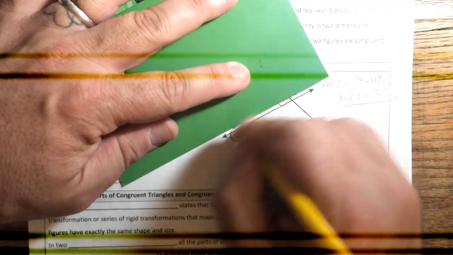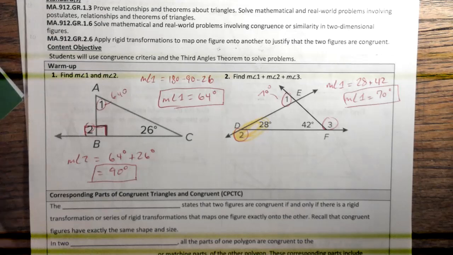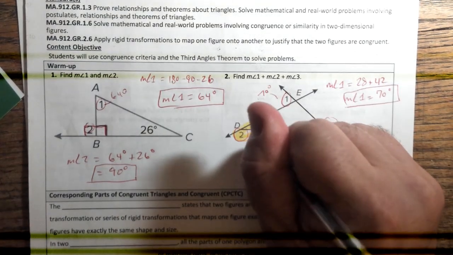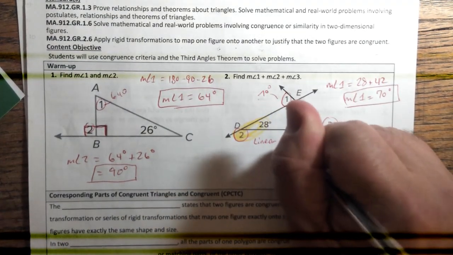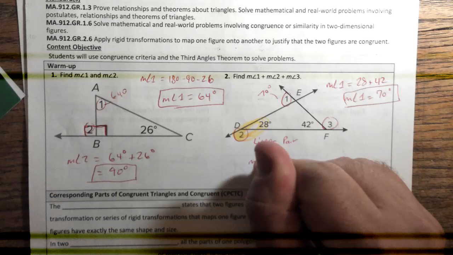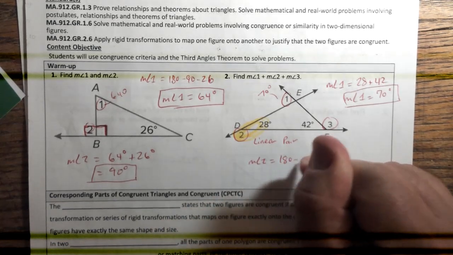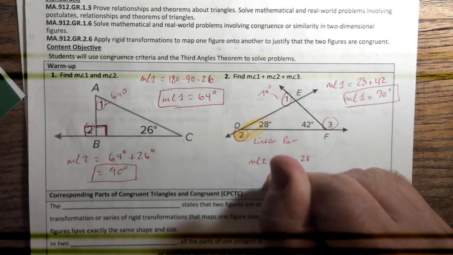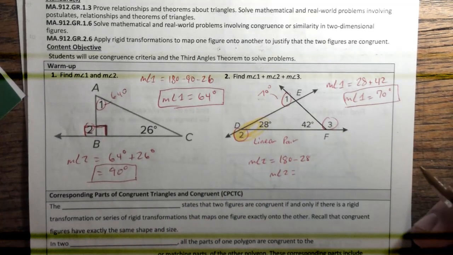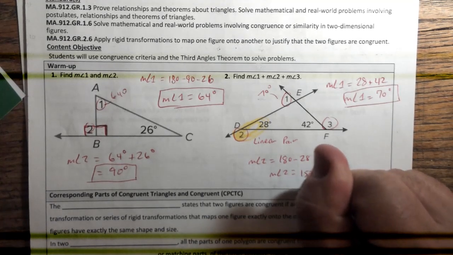I'm going to highlight them for you. Linear pair. So that means that the measure of angle 2 is 180 minus 28. Measure of angle 2 is going to be 152.